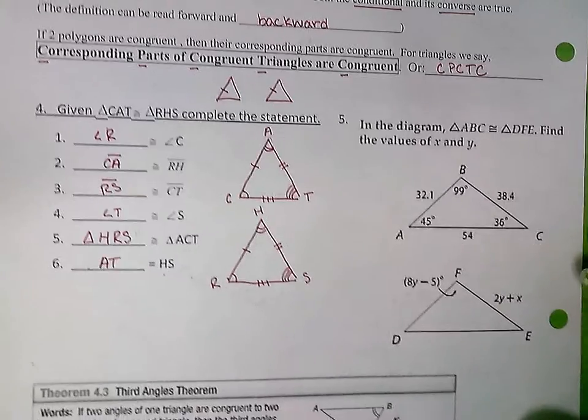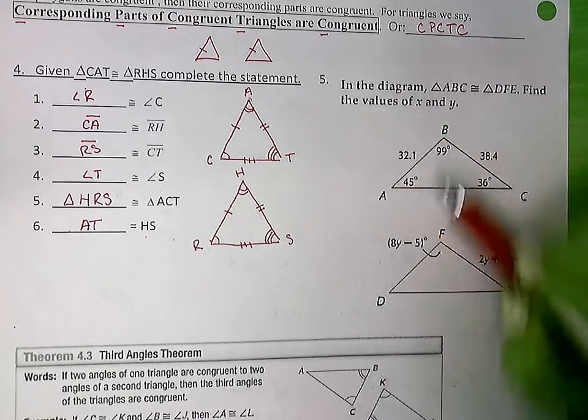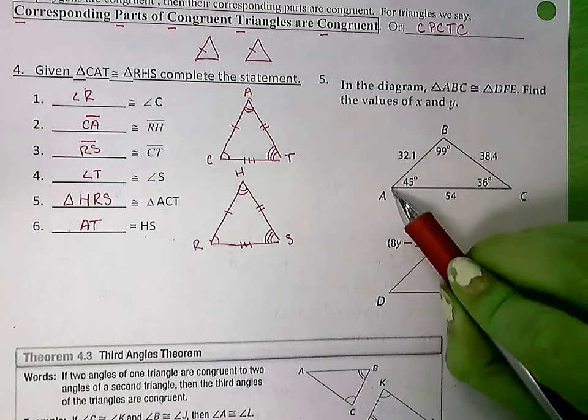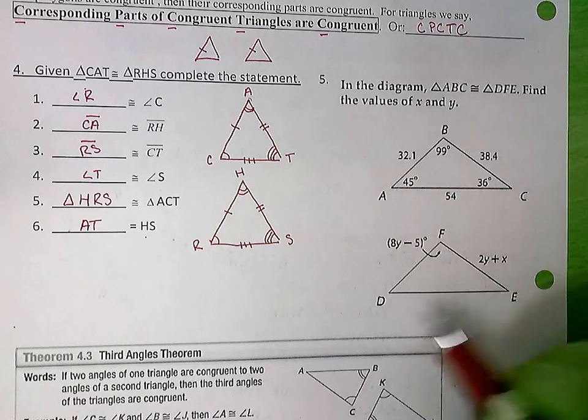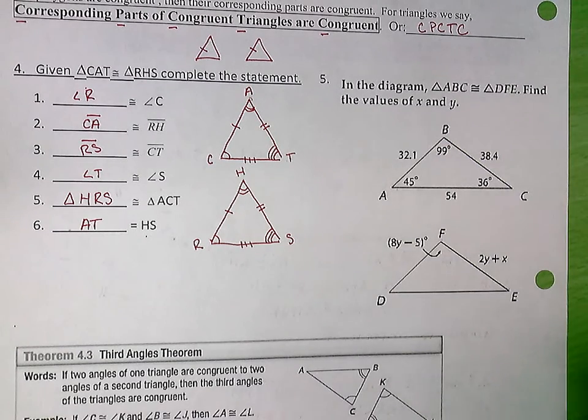Nope. All right. Number 5, to the right there. In the diagram, triangle ABC is congruent to triangle DFE. When you're given something like this, you want to label those sides and those angles.